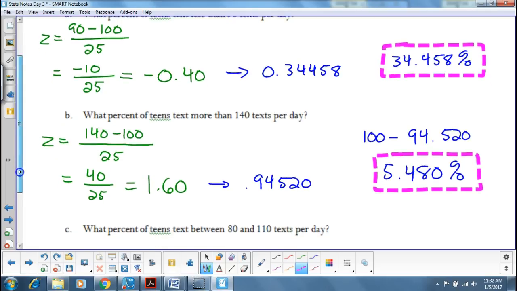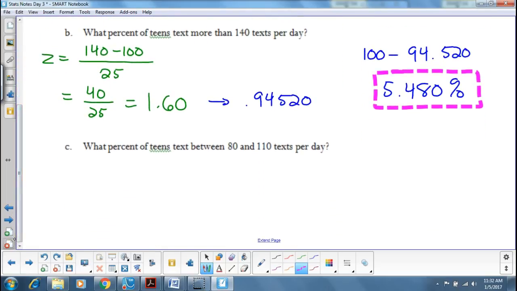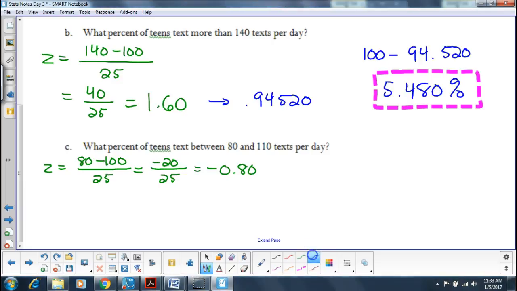Percent of texts between 80 and 110. So my z-score for 80 is going to be negative 0.80, correct? Which is 0.21186.